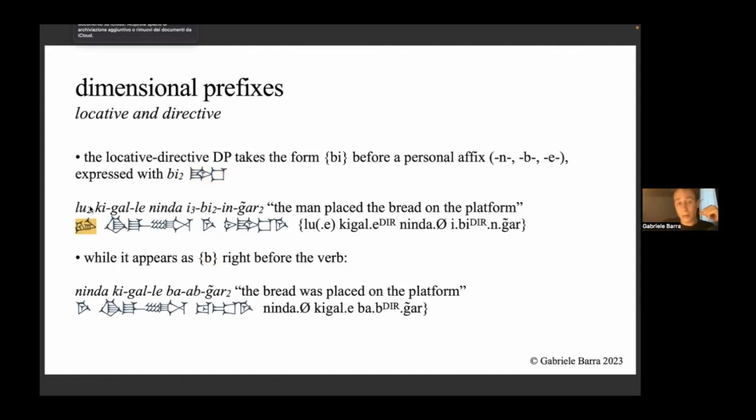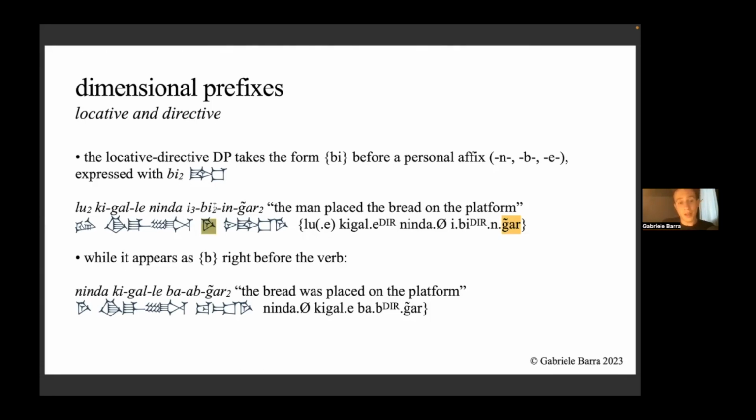So lu, the man again. Kigal, kigal means the platform, the dais of the temple. Ninda, bread. Ibingar, the ngar, to place. Then we have i. We know that to be a conjugation prefix, just like mu.